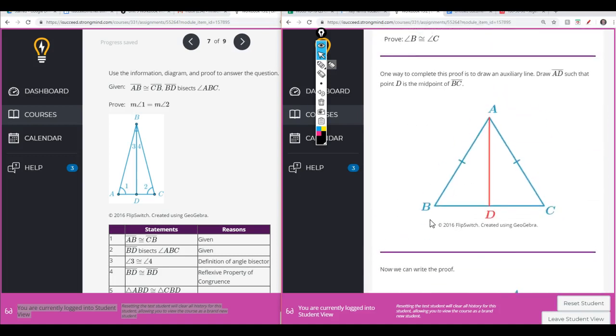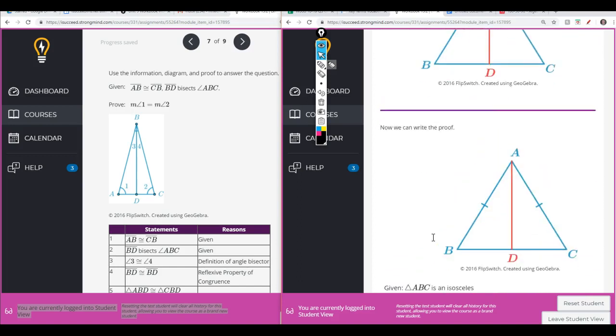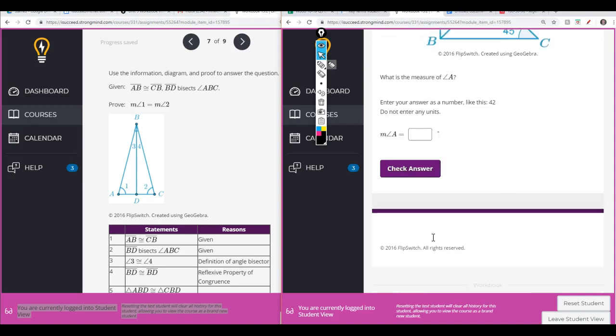Let's keep scanning. Okay, this one says prove: triangle ABC is an isosceles triangle with segment AB congruent to segment AC. Let's see if we have one that's closer than that, which it's not.